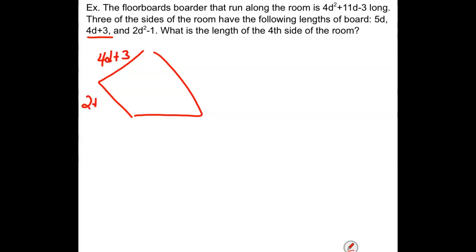Now, this isn't necessarily a rectangular room, correct? Because all the other 3 sides were given by different expressions. Okay, so we have a 4-sided room, okay? And we know that one side is 4d plus 3, one side is 2d squared minus 1, and one side is 5d.